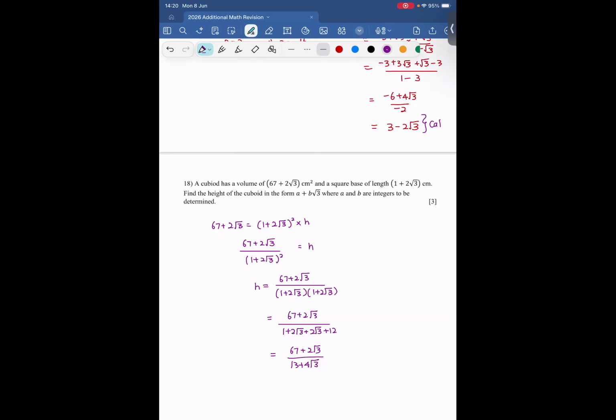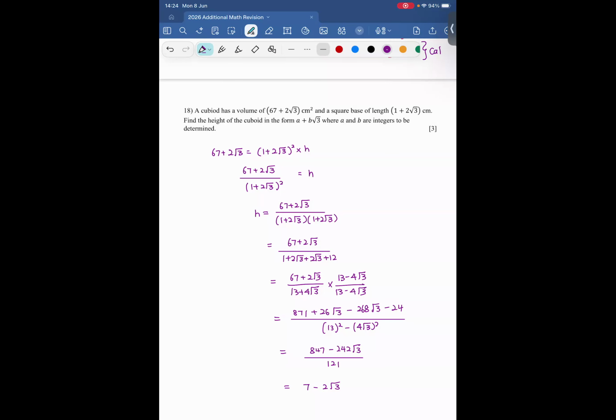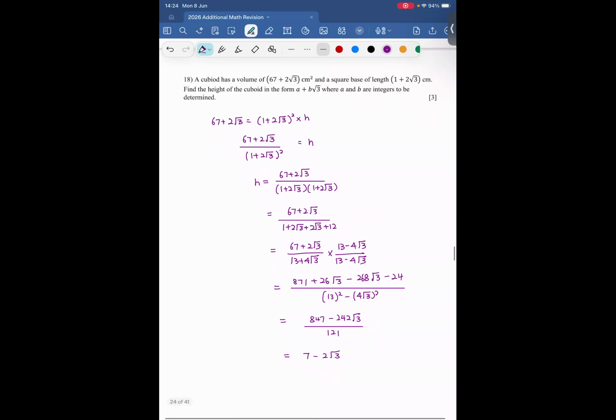Okay, after that you rationalize, you multiply by 13 minus 4 square root 3.